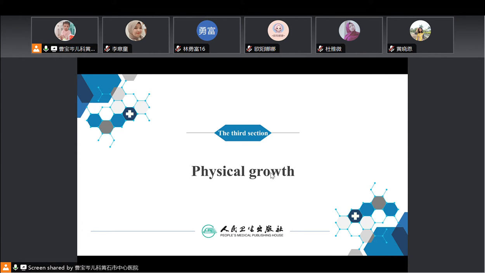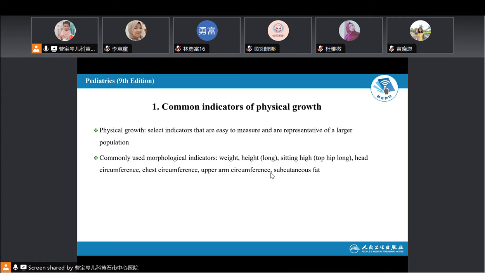The third section is physical growth. One, the common indicators of physical growth. For physical growth, we select indicators that are easy to measure and representative of a larger population.